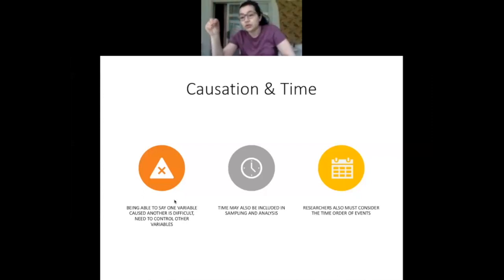There are different ways that time gets added to sampling or analysis, and that is inherently called a longitudinal study when time is incorporated into our analysis.